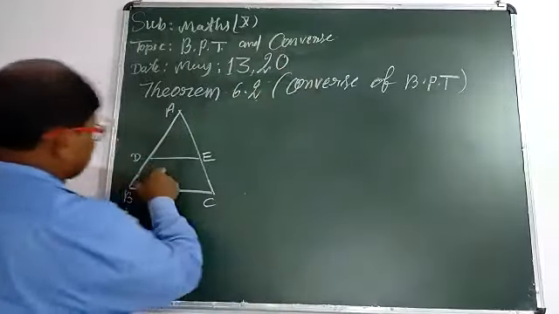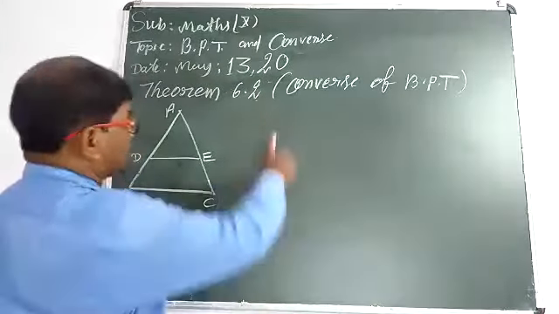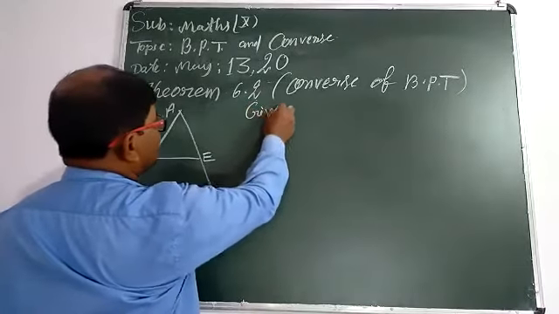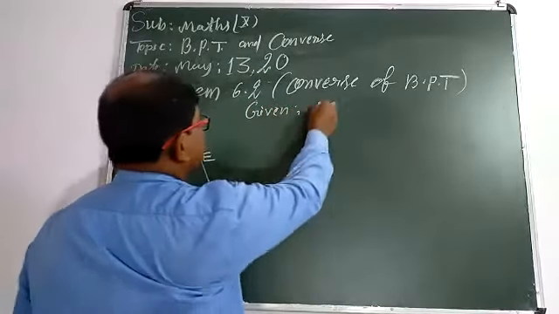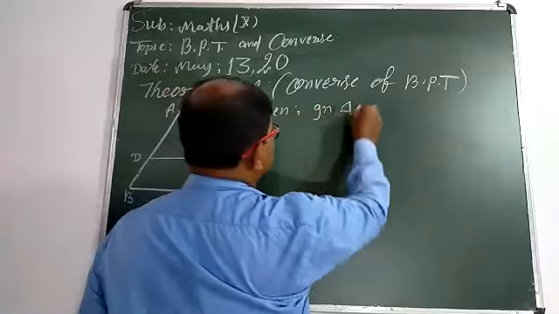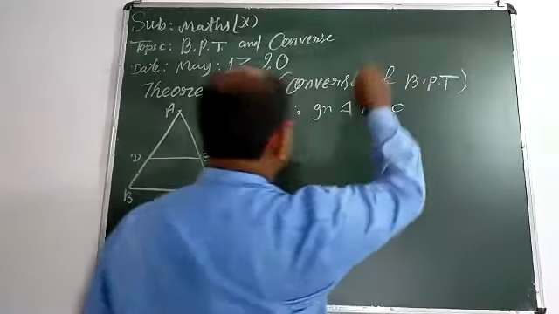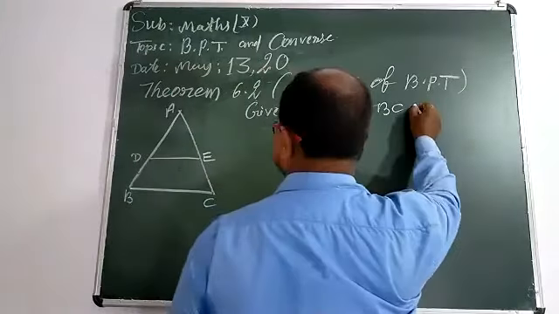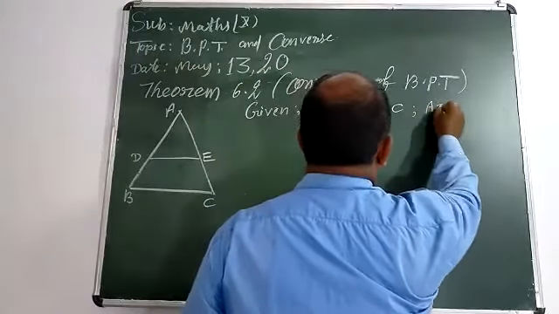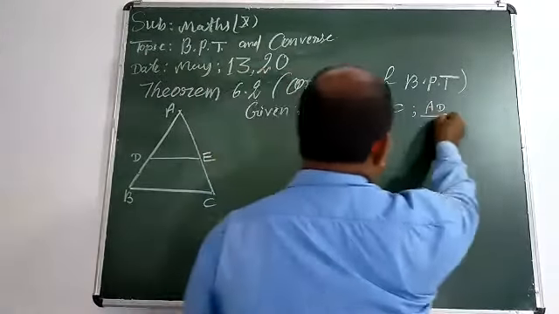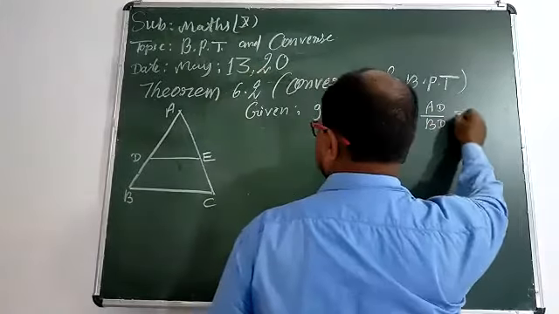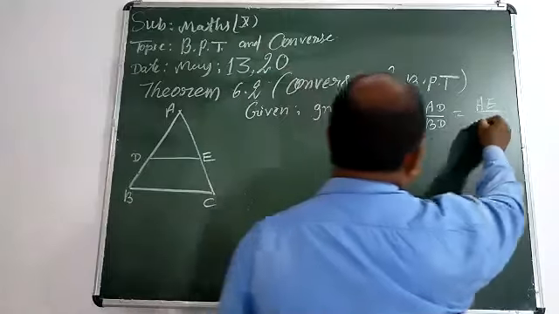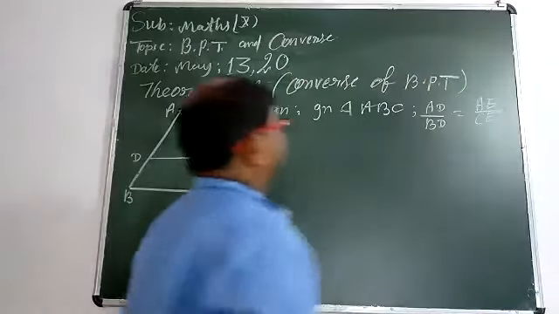Now, students, we should start from here according to this given statement. Given: in triangle ABC, AD upon BD equals AE upon CE. Only this is given.